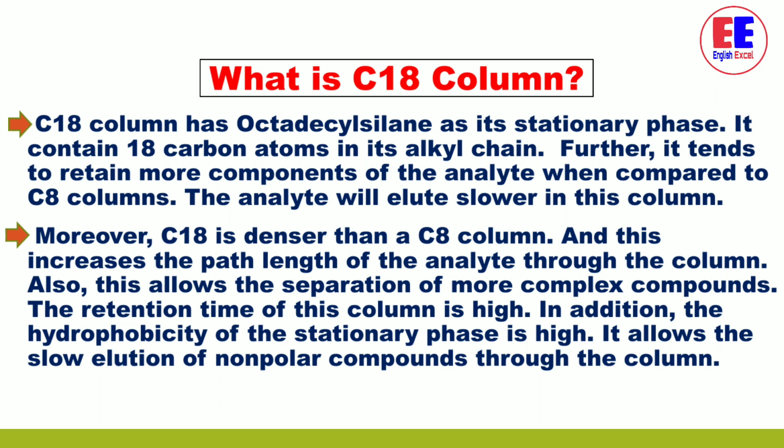Moreover, C18 is denser than a C8 column, and this increases the path length of the analyte through the column. Also, this allows the separation of more complex compounds. The retention time of this column is high. In addition, the hydrophobicity of the stationary phase is high. It allows the slow elution of nonpolar compounds through the column.